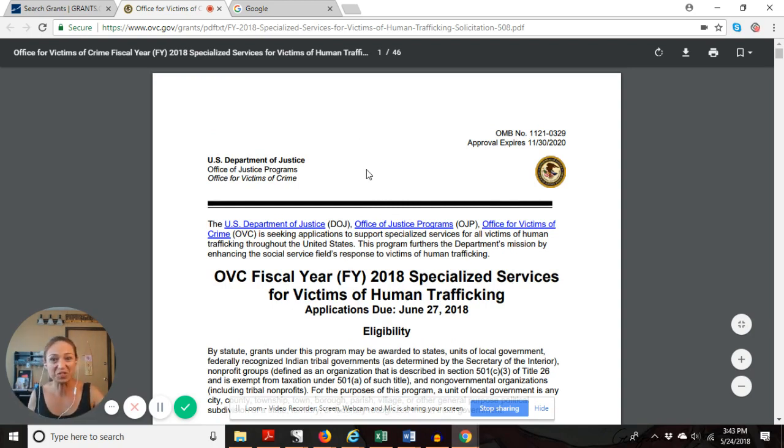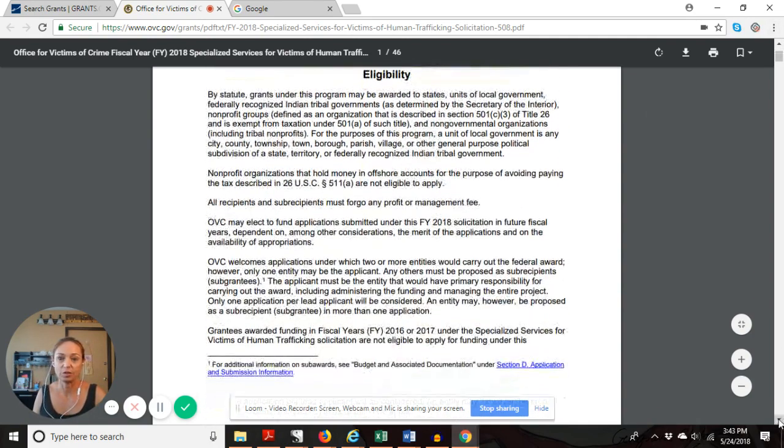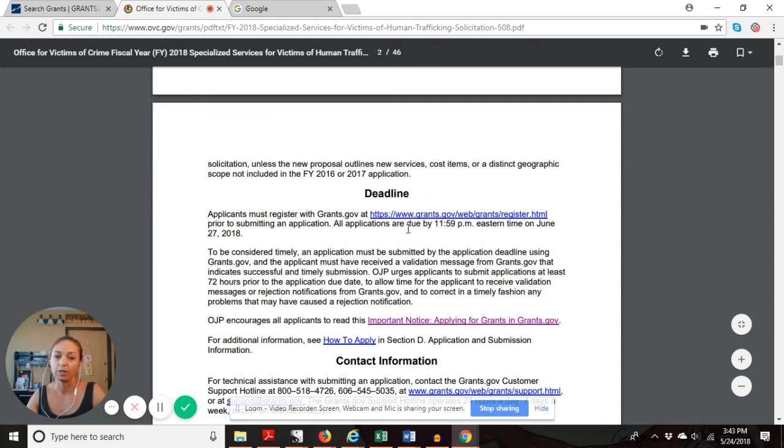And this is what you need to apply for grants. So what you want to really look at, what's important, and we're going to kind of skim through this just so you can see, this is what you want to look for. The deadline. Obviously, you already saw the deadline, but this might give you a little more information. It's saying that all applications are due by 11:59 p.m. Eastern Standard Time on June 27th, 2018.